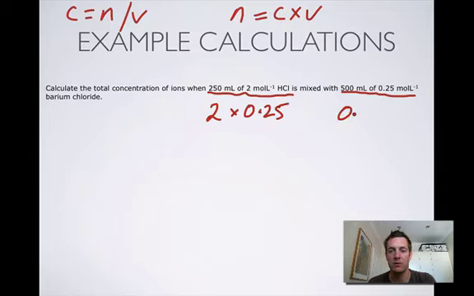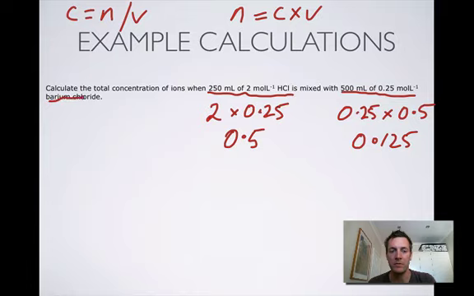And here we've got 0.25, which is the concentration, times 0.5, which is the volume in litres. So that means we've got 0.5 of a mole of HCl, and we've got 0.125 of a mole of barium chloride.